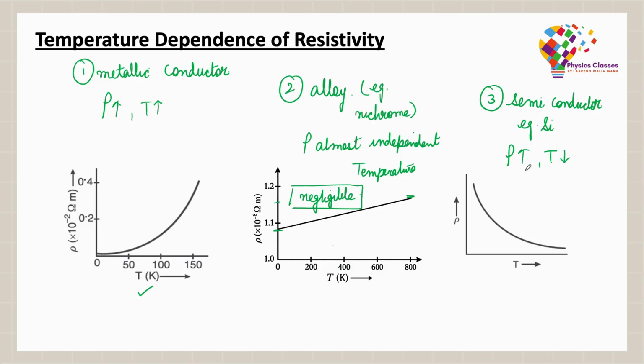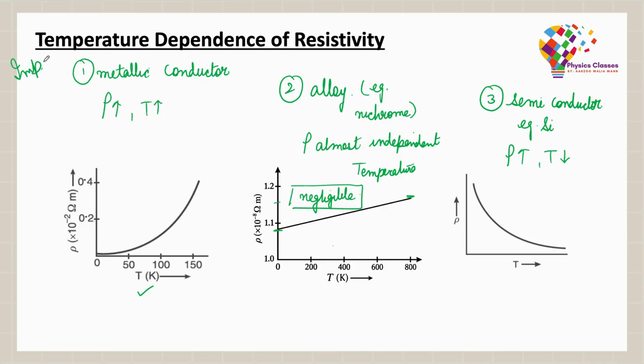A semiconductor doesn't have free electrons at low temperature, so it doesn't conduct. But the moment its temperature starts to increase, free electrons start getting generated and they start moving. So something that did not have a current at all has started to achieve some current. Therefore, its resistance and resistivity both start decreasing with the increase in temperature.